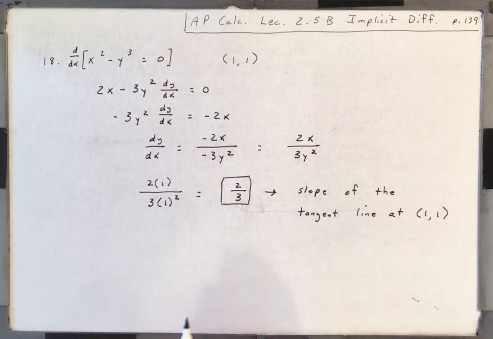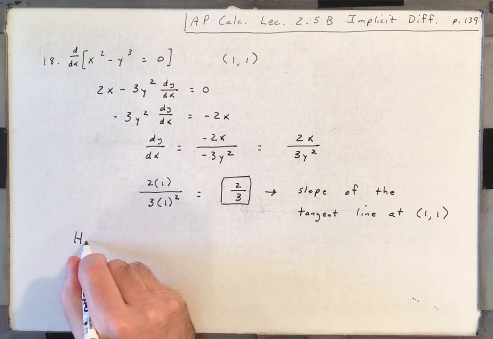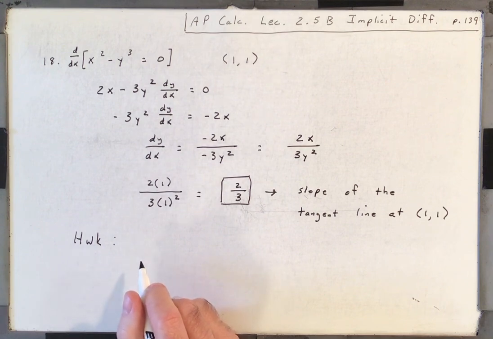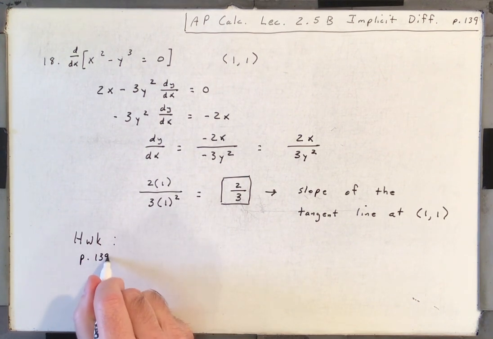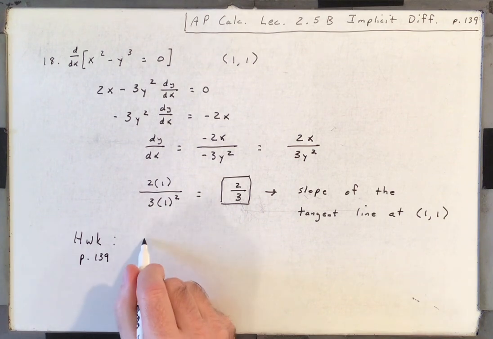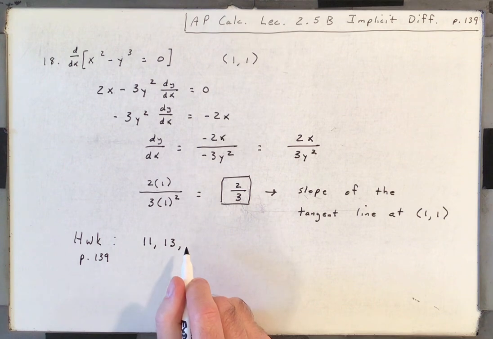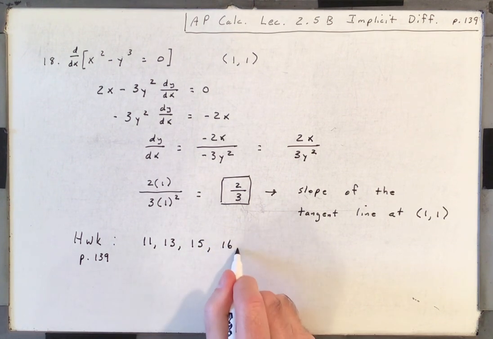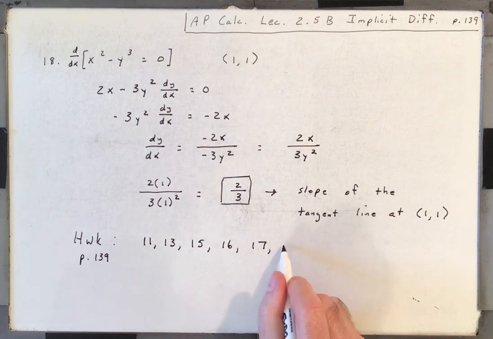All right, that's all the examples you need to do this homework. So the homework is page 139. And you can do 11, 13, 15, 16, 17, and 19.